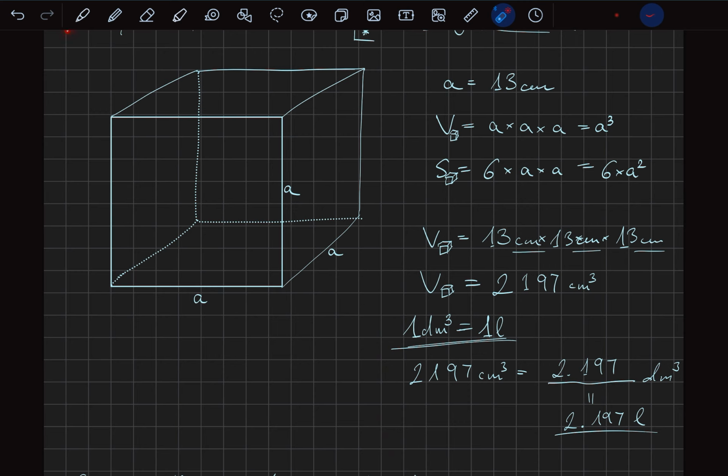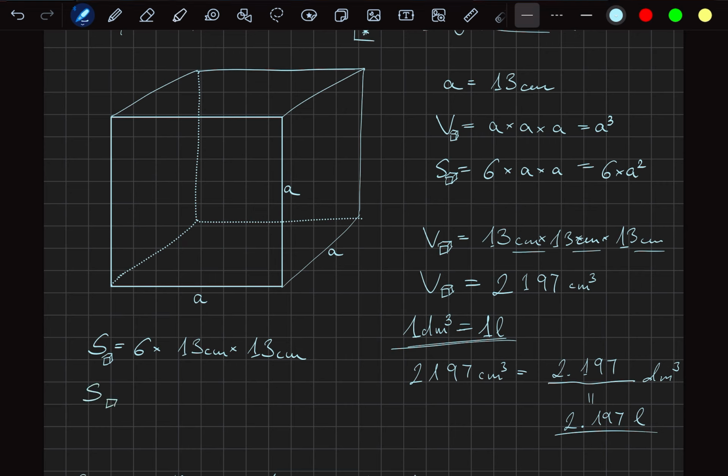Okay, and calculate the surface. Surface equals 6 times 13 centimeters times 13 centimeters.